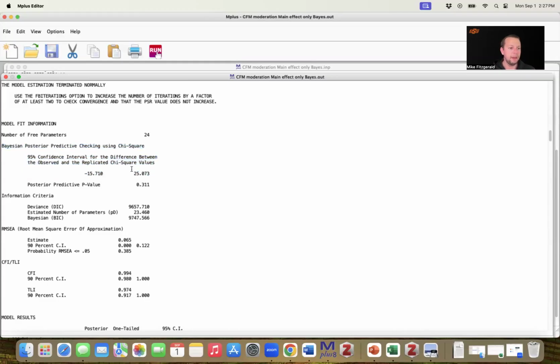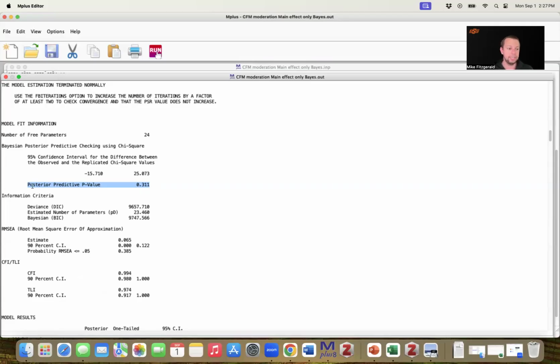Right? And so generally, we want this PPP value to be between 0.45 and 0.55. Those are just some general guidelines that researchers have talked about. And if I mentioned some of these articles, I will provide links or citations in the video description, so you can look at those at your leisure.